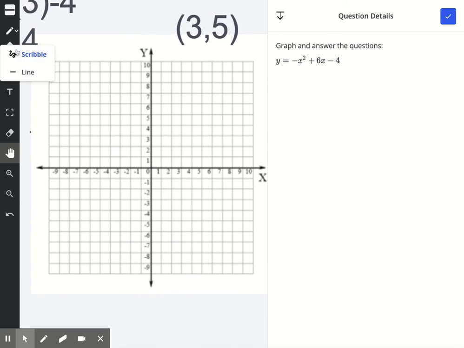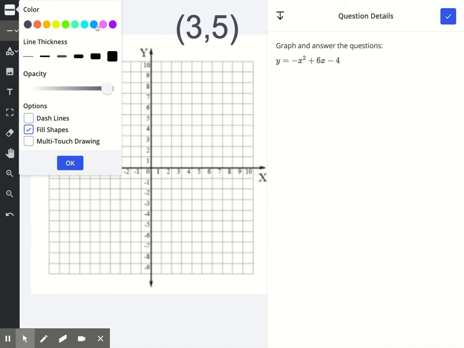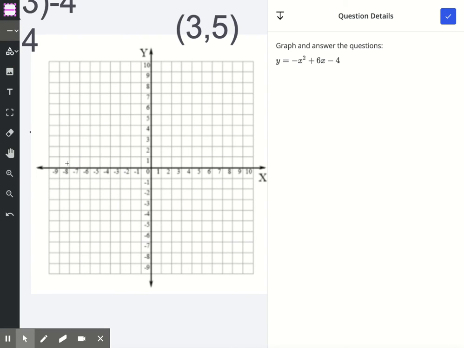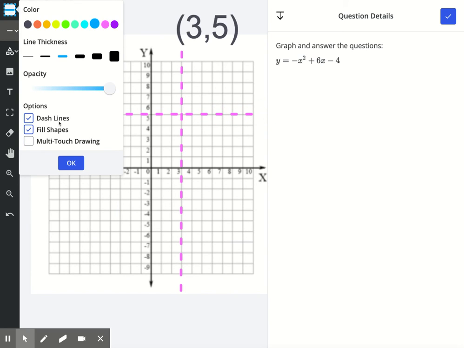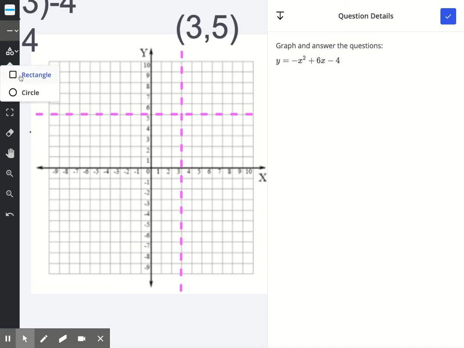So that means that I have my new axes shifted to 3 and then +5. And wherever they come together, I'm going to put a big bold dot because that is my vertex.